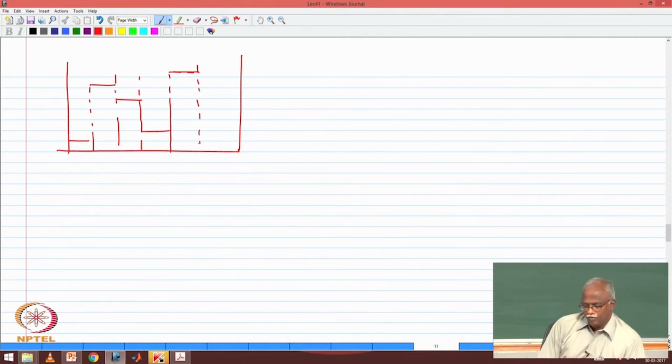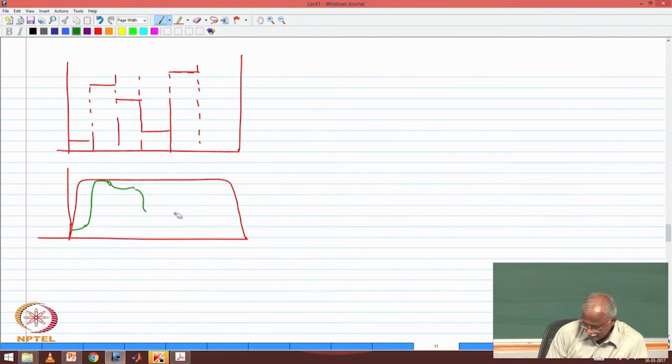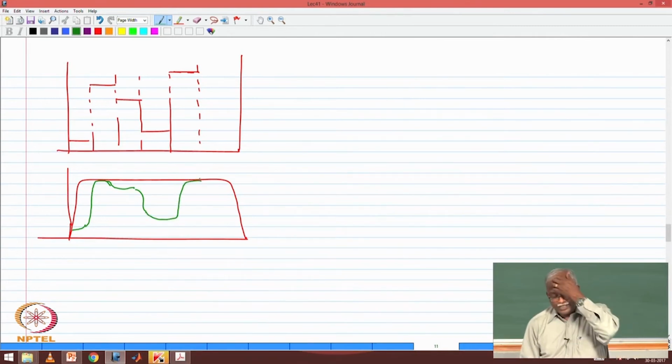Now, what would have happened had I transmitted a single carrier signal through this? If I had transmitted a single carrier system, this portion would have been severely affected, distorted. Something like this. So, you can see that my signal is going to be severely distorted.